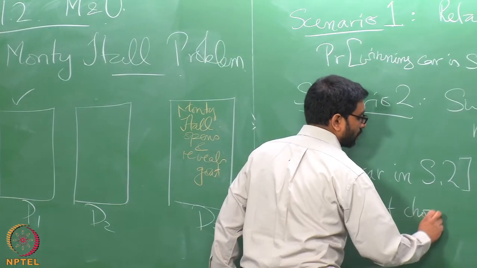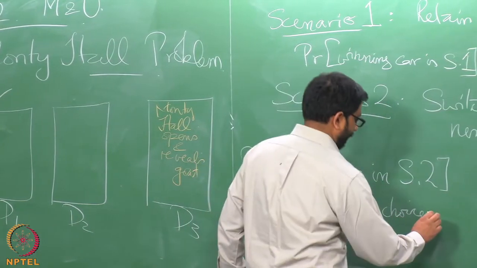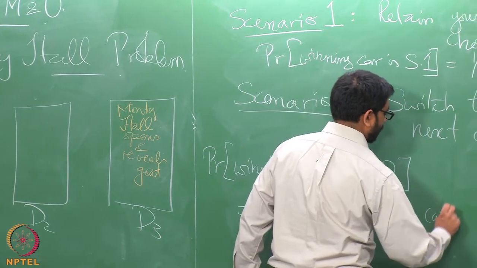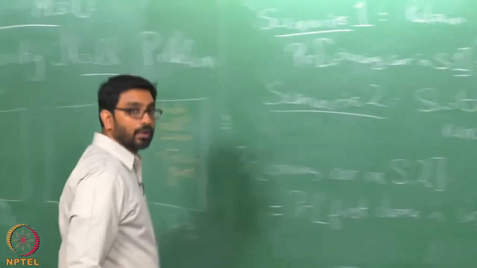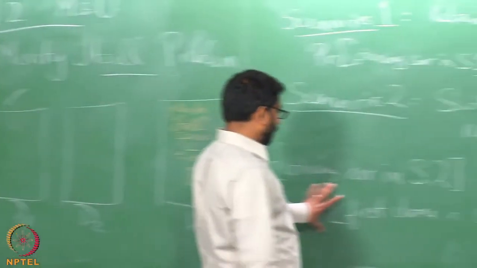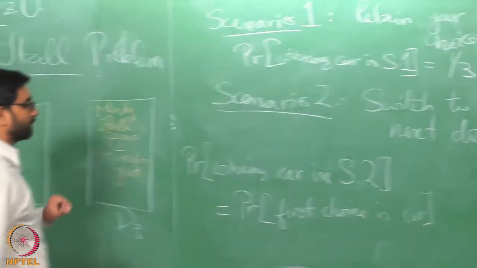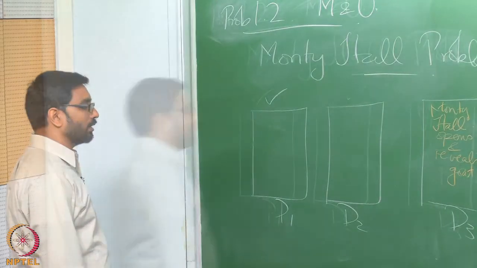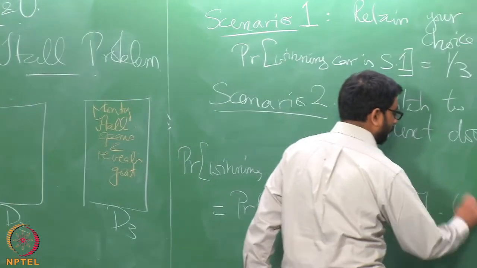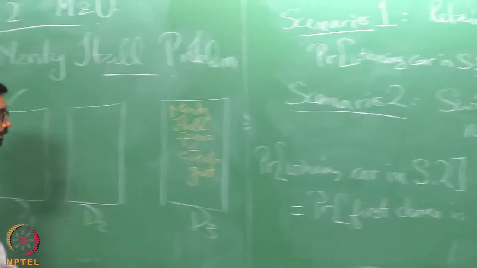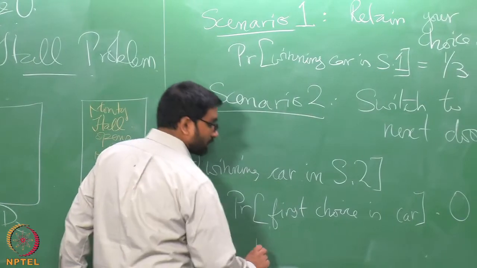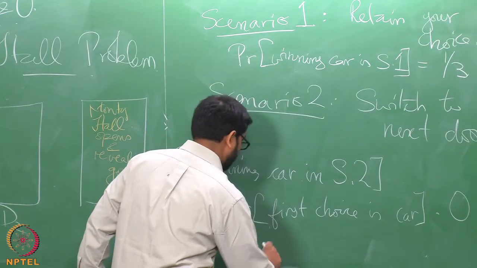First, the first choice is a car. Under this, the probability of winning a car becomes 0.